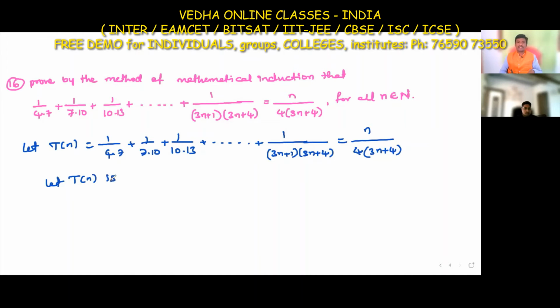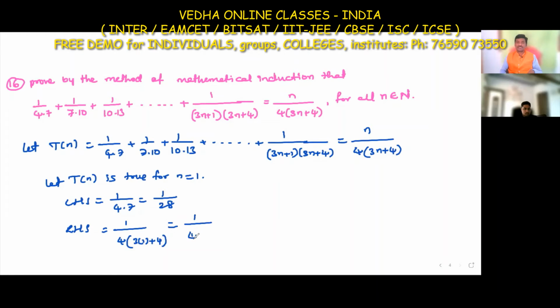Now T of n is true for n is equal to 1. So take the LHS. LHS is equal to 1 by 4 into 7, 4 sevens are 28, so 1 by 28. Take the RHS. RHS is equal to 1 divided by 4 into 3 into 1 plus 4, that means 4 into 7, 4 sevens are 28, so 1 by 28.